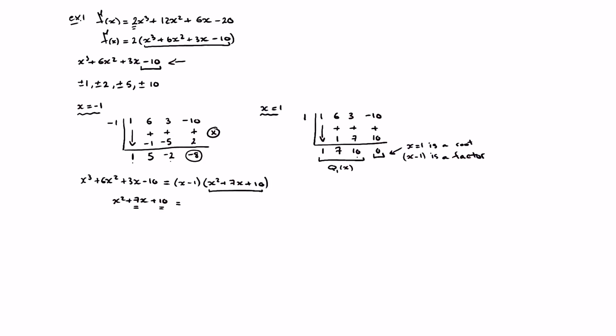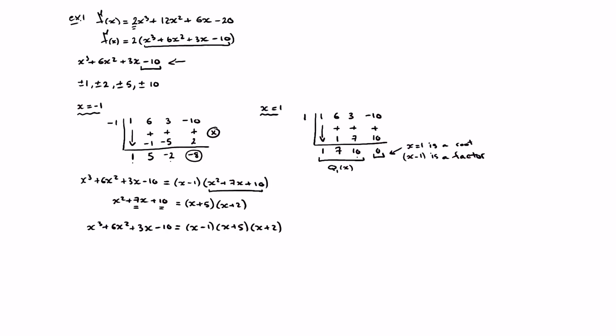It doesn't take us long before finding that x plus 5 times x plus 2 works, since 5 plus 2 equals 7, and 5 times 2 equals 10. So we can write x cubed plus 6x squared plus 3x minus 10 equals x minus 1 times x plus 5 times x plus 2. And we're almost done.